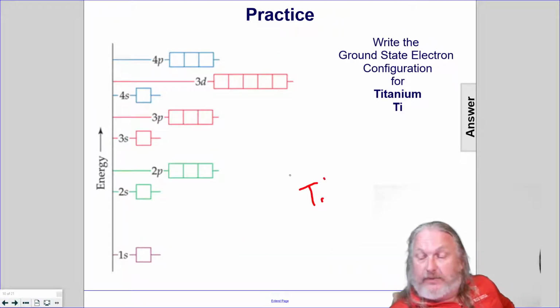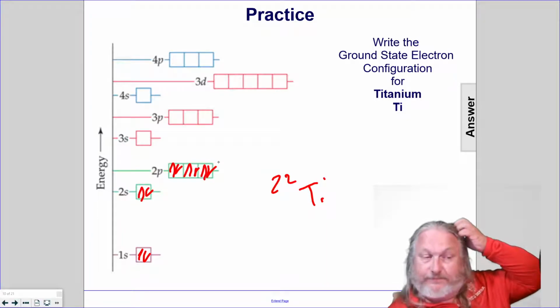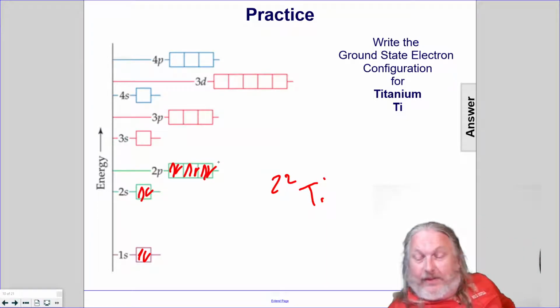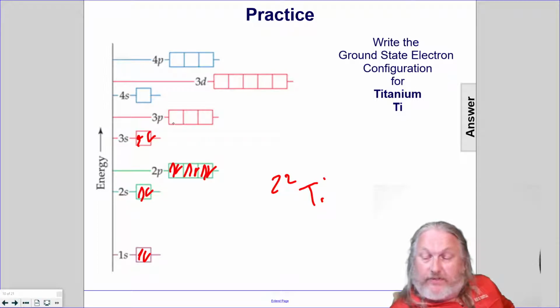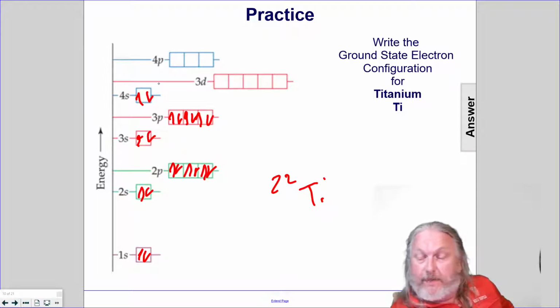Titanium, element number 22. 1, 2, 3, 4, 5, 6, 7, 8, 9, 10. Which rule did I violate? Think about that one. All right, so that's 11, 12, 13, 14, 15, 16, 17, 18, 19, and 20, 22.